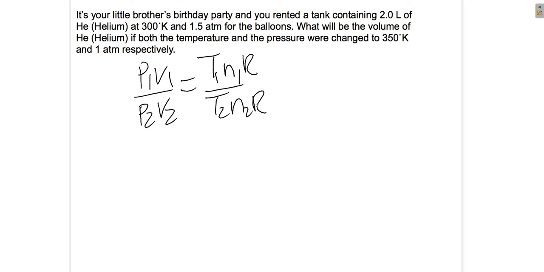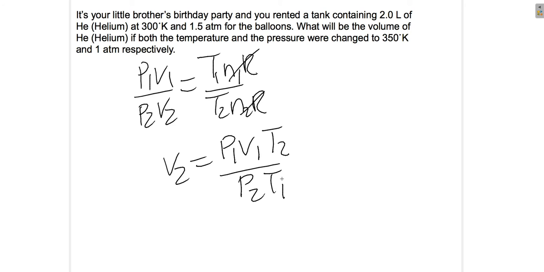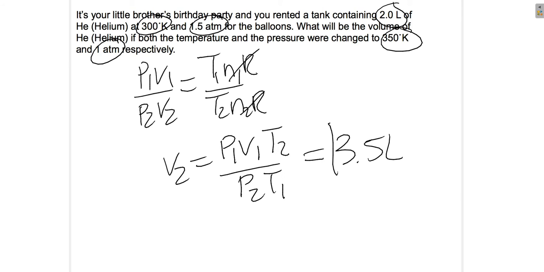Since the number of moles and the ideal gas constant for this ratio are exactly the same, we can cross them out, leaving the equation to take the form of V2 equals P1 V1 T2 over P2 T1. Now, using the given information of the initial volume, the initial temperature, the initial pressure, the final temperature, and the final pressure, we can solve for our only missing variable. After plugging those in, we get our final answer to be 3.5 liters.